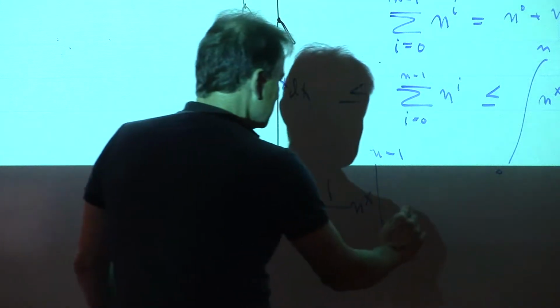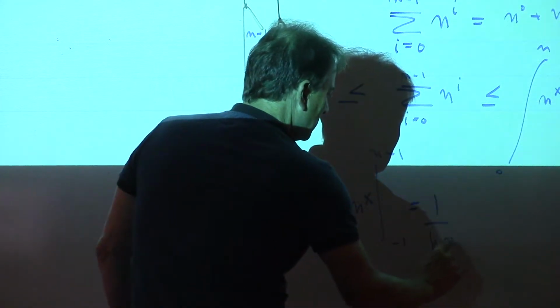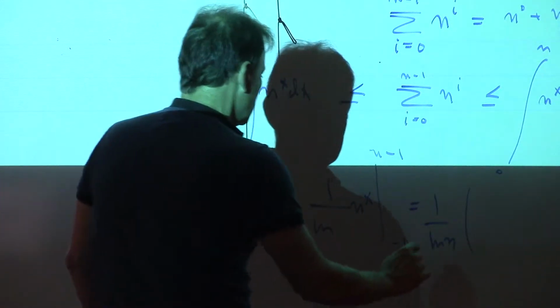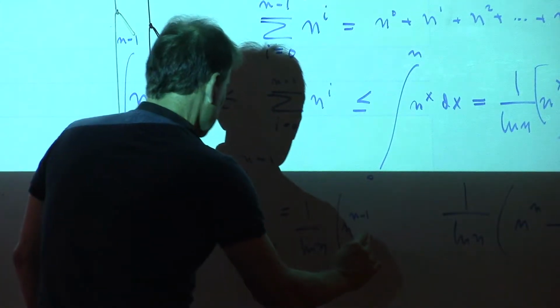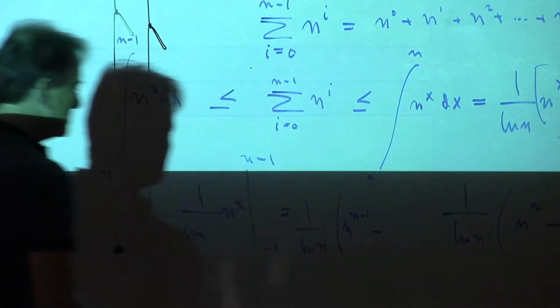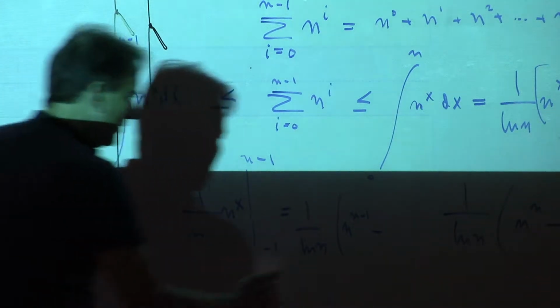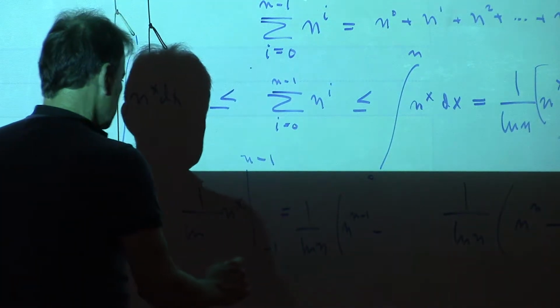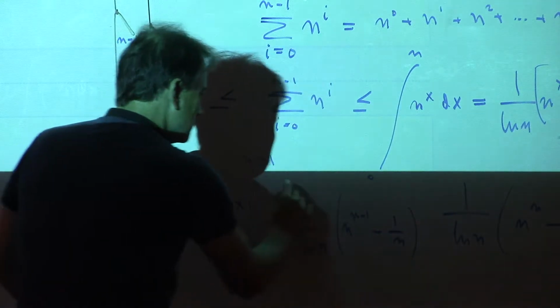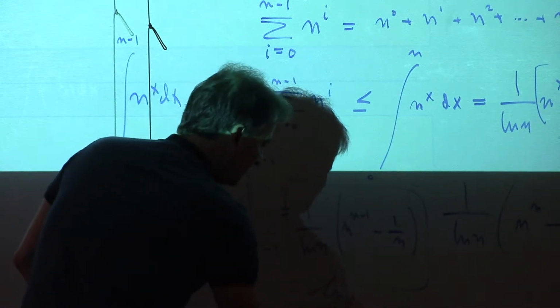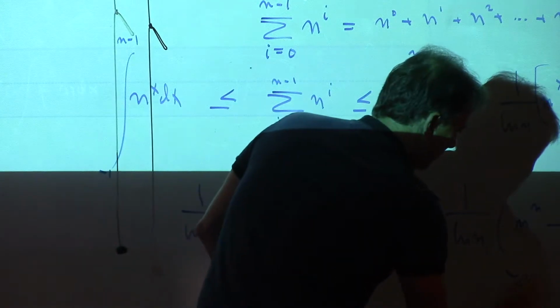And you can see this is going to be 1 over the natural log of n times n to the n minus 1, minus 1 over n, minus n to the 1 over n. So that is the lower bound, and then that is the upper bound.